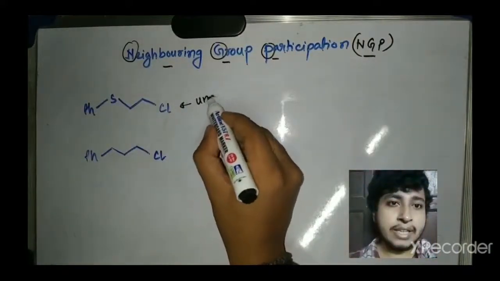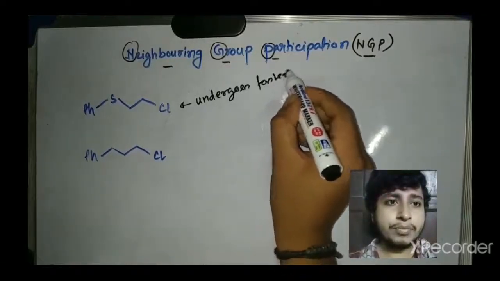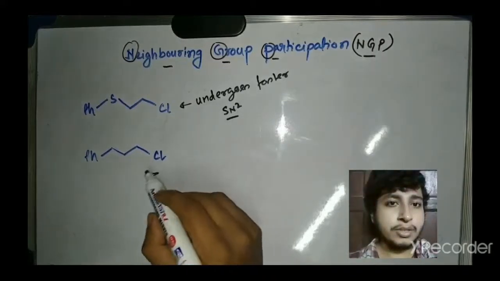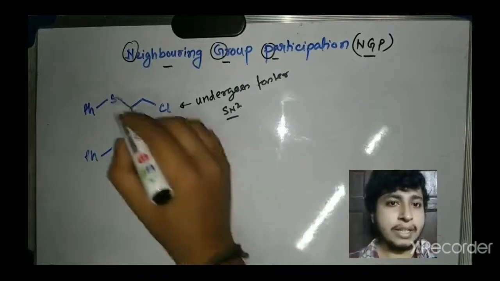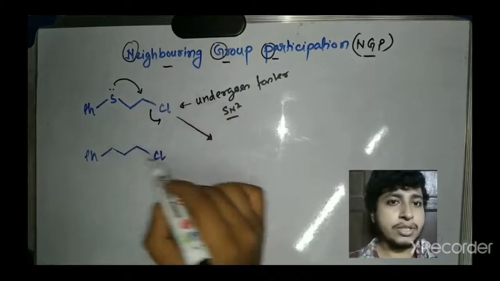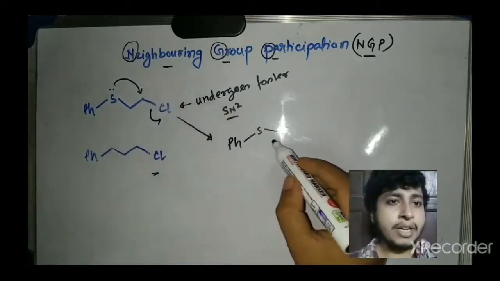So in the second example, you can see this undergoes faster in SN2 reaction than this one. Why is it like this? Because the lone pair of the sulfur present in that compound can attack this carbon, and Cl minus can leave, and an intermediate can form.